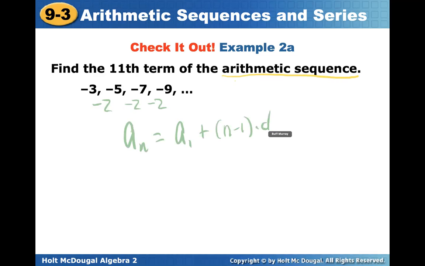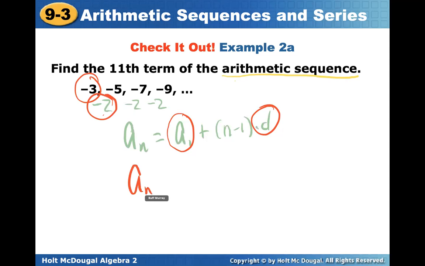Well, the two things we need to know are the first term and the common difference. We know those, right? So for this specific sequence, any term would be negative 3 plus n minus 1 times negative 2.